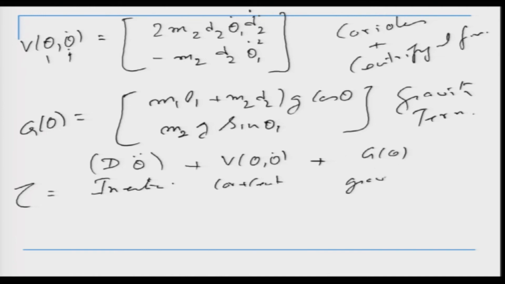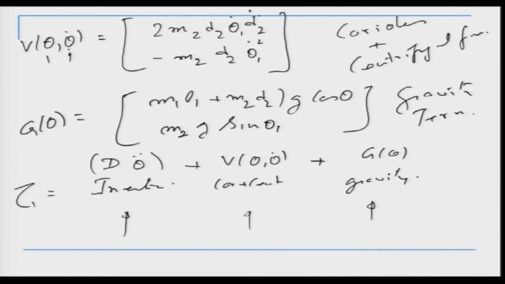So, the total torque acting at a joint is a result of the inertia torque, the component torque because of Coriolis and centrifugal forces, and then the torque because of gravity.